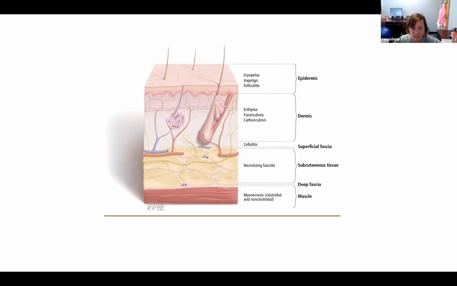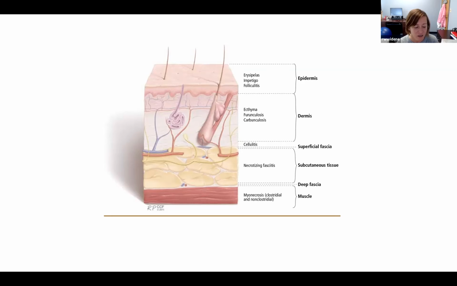These are basically the objectives. We're talking about infections in your epidermis, dermis, fascia, and the subcutaneous tissue. I kept it above the deep fascia, being true to skin and soft tissue, so I didn't cover pyomyositis or myonecrosis. If you're here for that part of the talk, I'm really sorry.